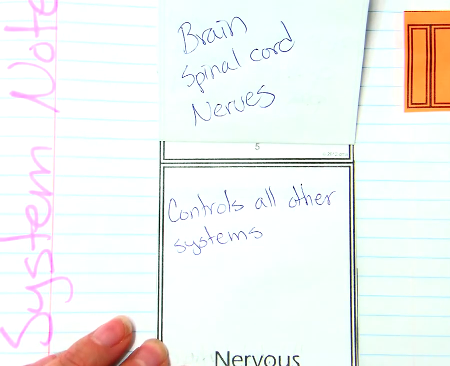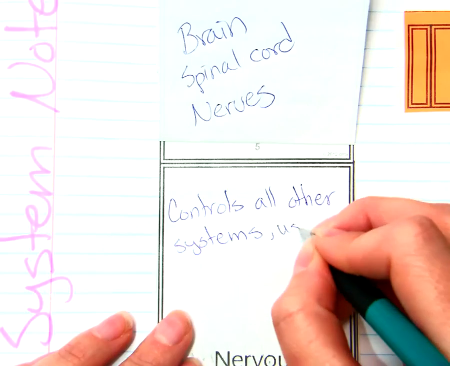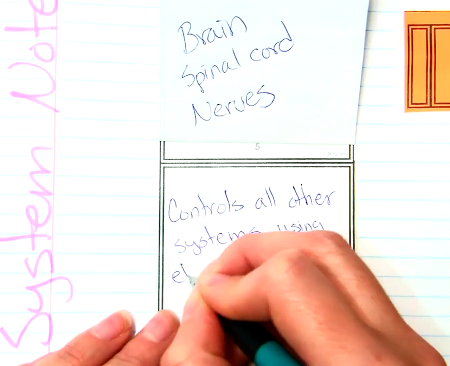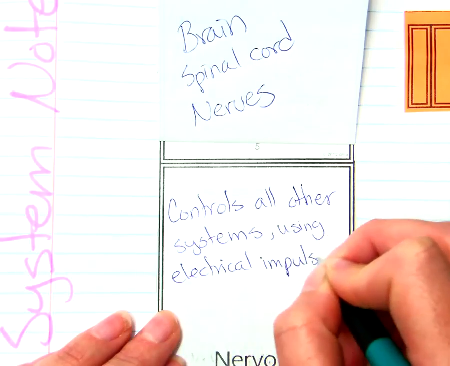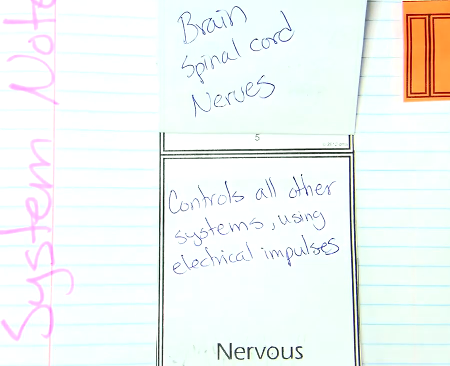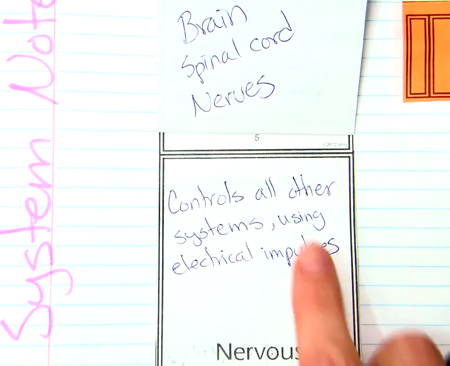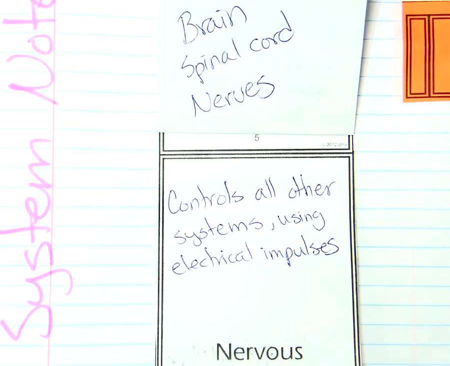It controls all of our other systems. And it does that by using electrical impulses. Later on in the year, we'll talk a little bit more exactly how that works. But today, it's just a general overview.